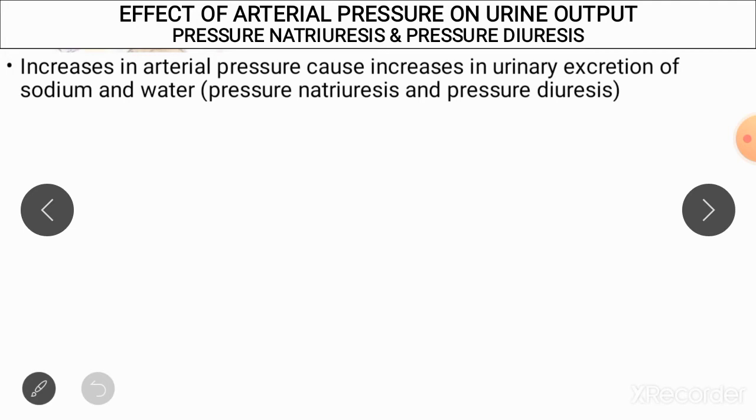So before I explain this mechanism, you need to remember that whenever your blood pressure is low, it is detected by your macula densa cells, and they send signals to your JG cells to produce renin, which produces angiotensin 2, and angiotensin 2 acts on your proximal convoluted tubule and causes reabsorption of sodium.